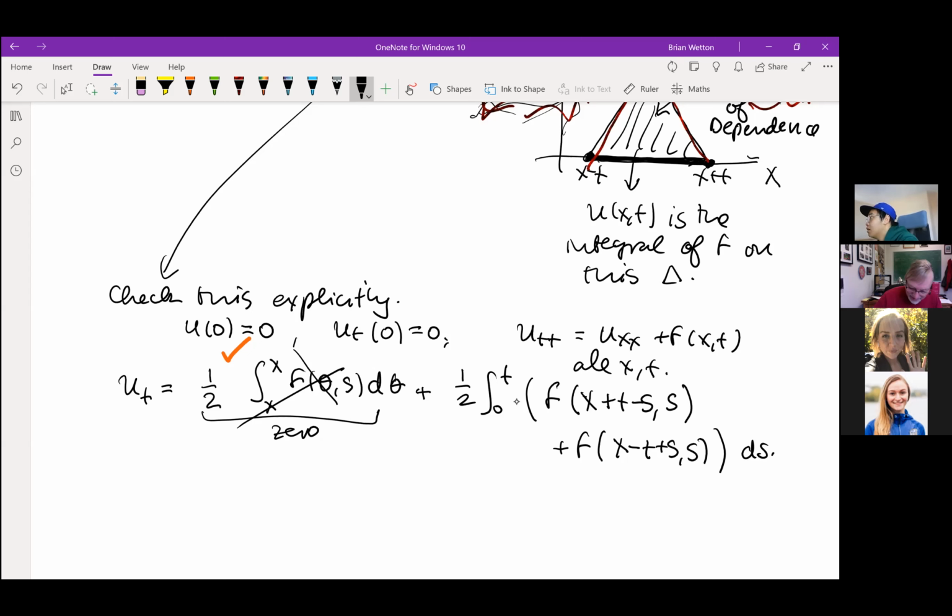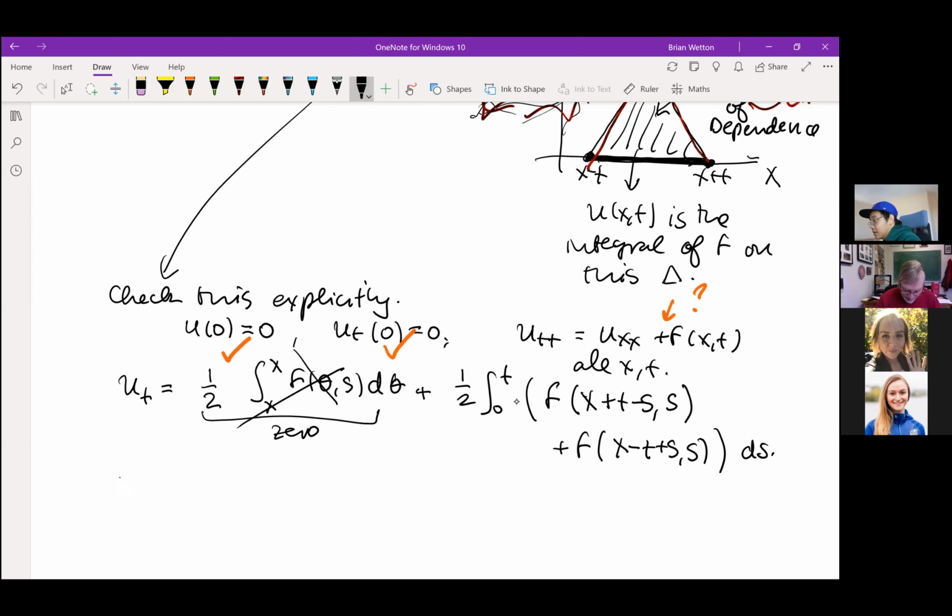Okay, so I'm going to look at that expression, and I'm going to take the time derivative at time 0. That's 0. Okay, so that's the other thing I have that I liked. And now I have to take the second derivative in time and see if I get that.